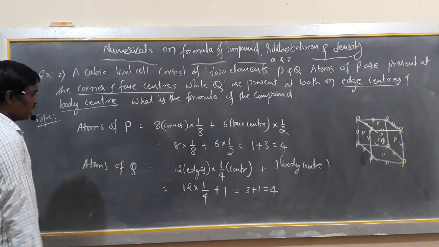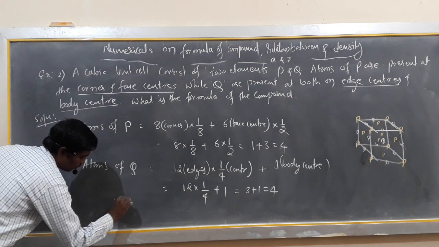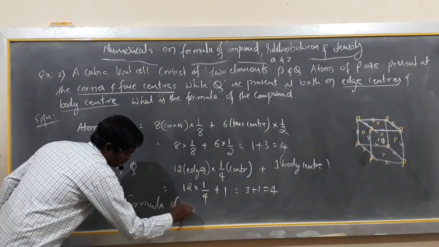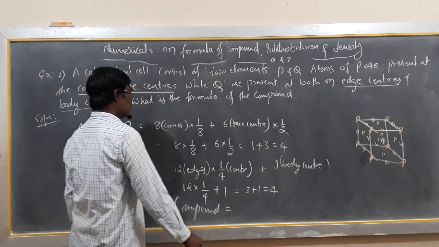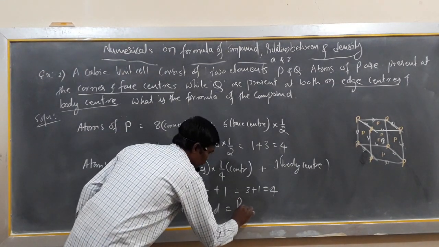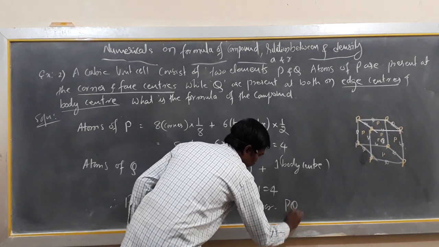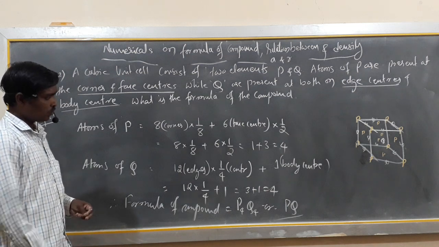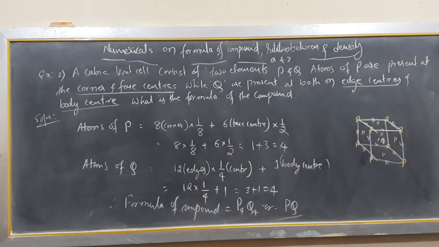So Q and P are in the ratio of 4:4. Therefore, the formula of the compound is P4Q4, or simply we can write PQ. They are in the ratio of 1:1. So the formula of the compound is PQ. Very good questions.